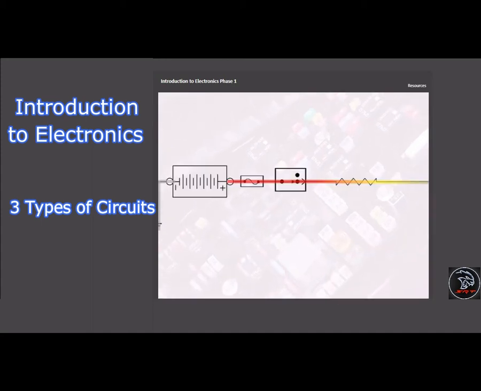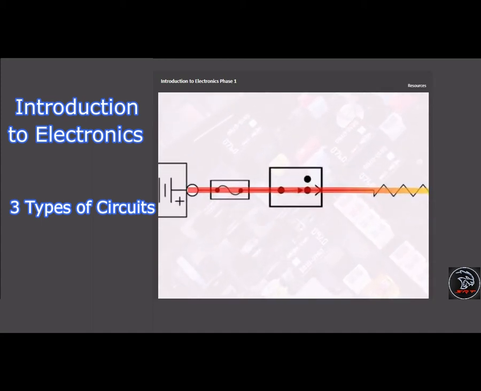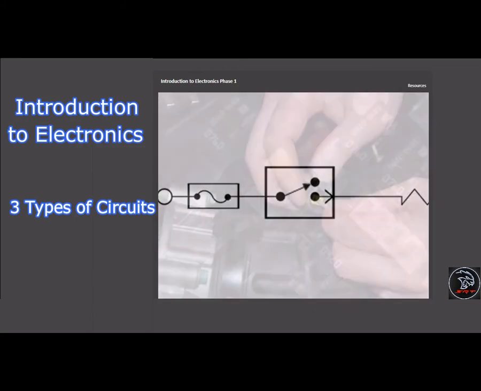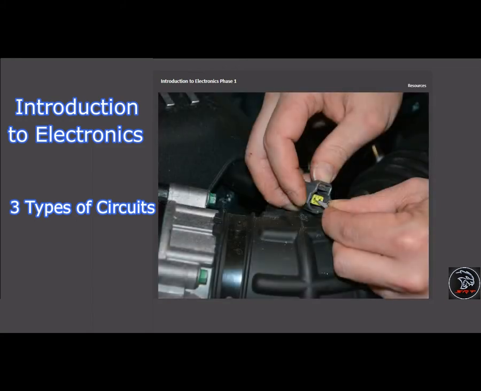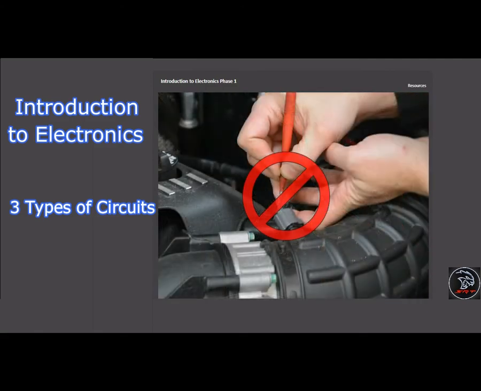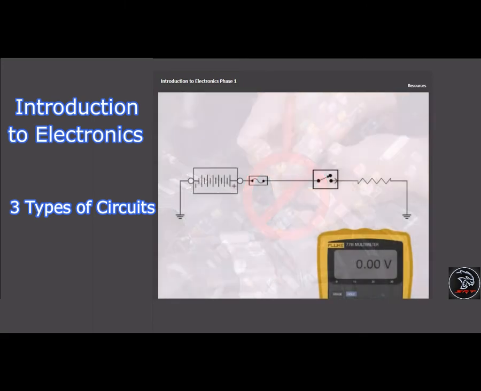Open circuits have no current flow. The open circuit test method is limited and should only be used when closed circuit testing cannot be performed. Remember, open circuit testing can reveal circuit continuity, but cannot reveal unwanted resistance.